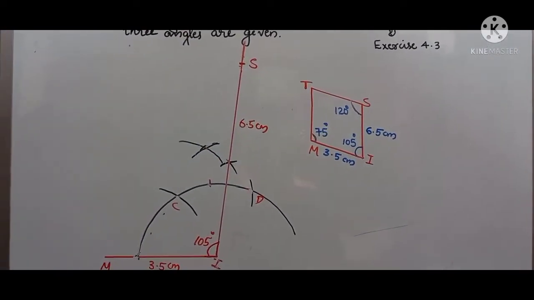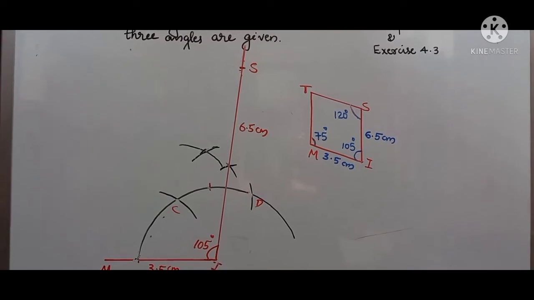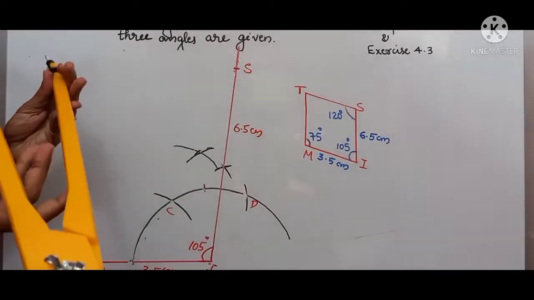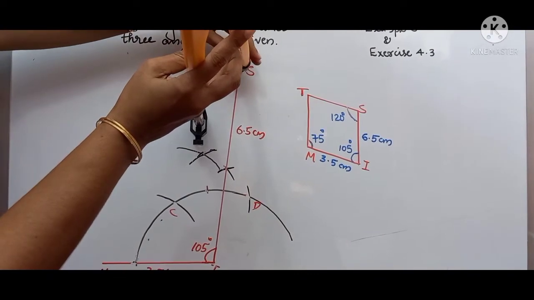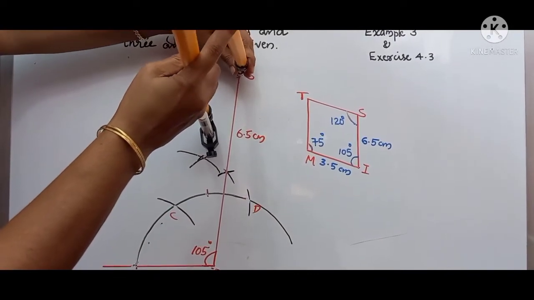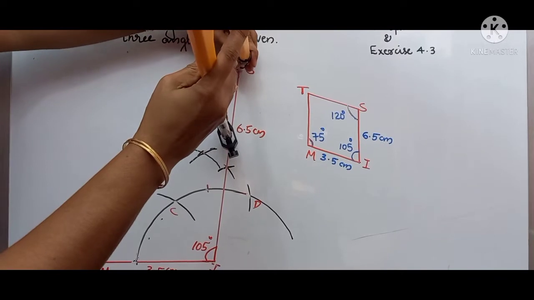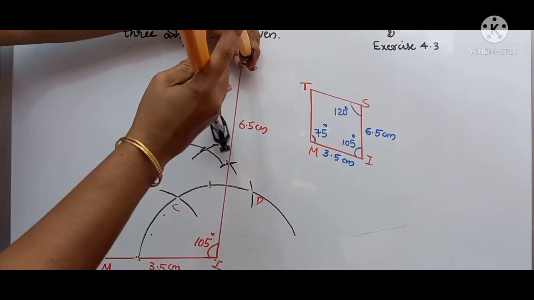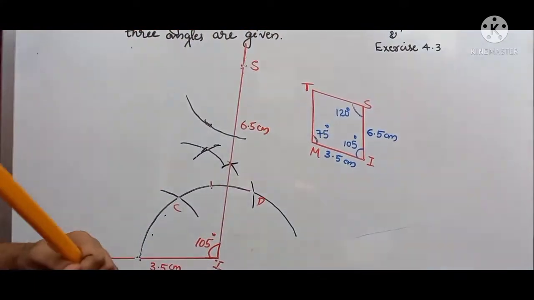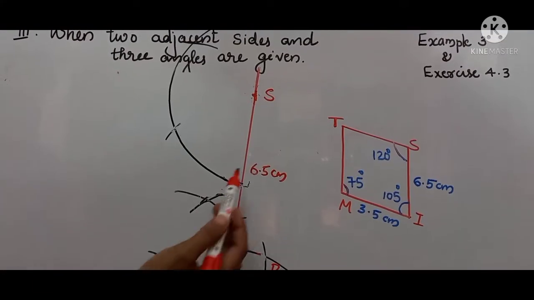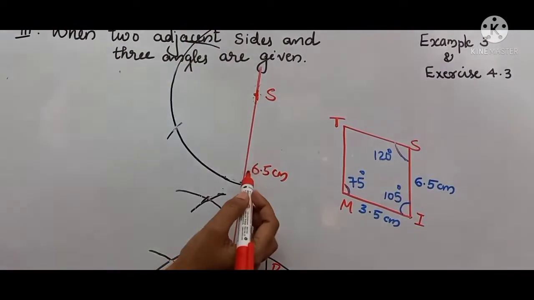So we have to draw that 120 degree angle on S. It is very easy when you are drawing, because you can turn your notebook according to your convenience. For drawing the 120 degree angle, I am drawing a 60 degree angle first. Then we have constructed that 120 degree angle here.